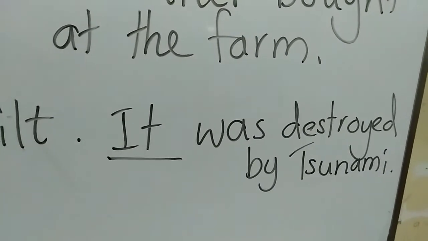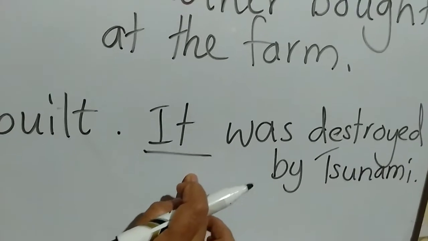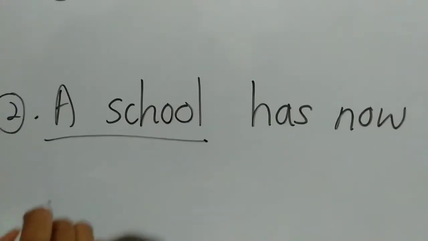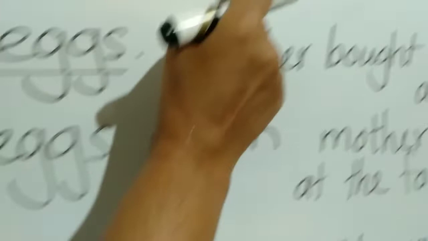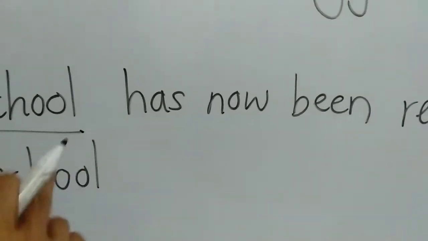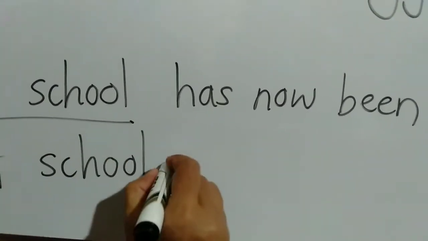With this it, which was destroyed by tsunami? A school. Then join, a school is a thing. Then the suitable relative pronoun is which. A school. Immediately after this noun, which.